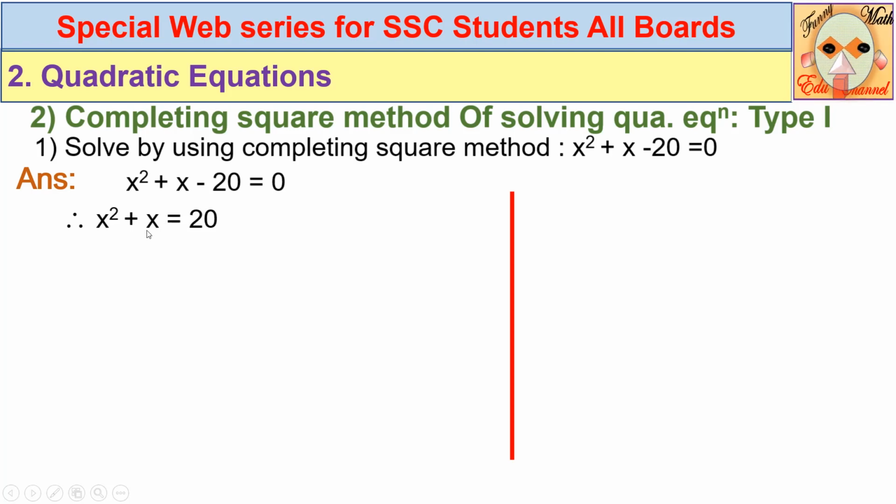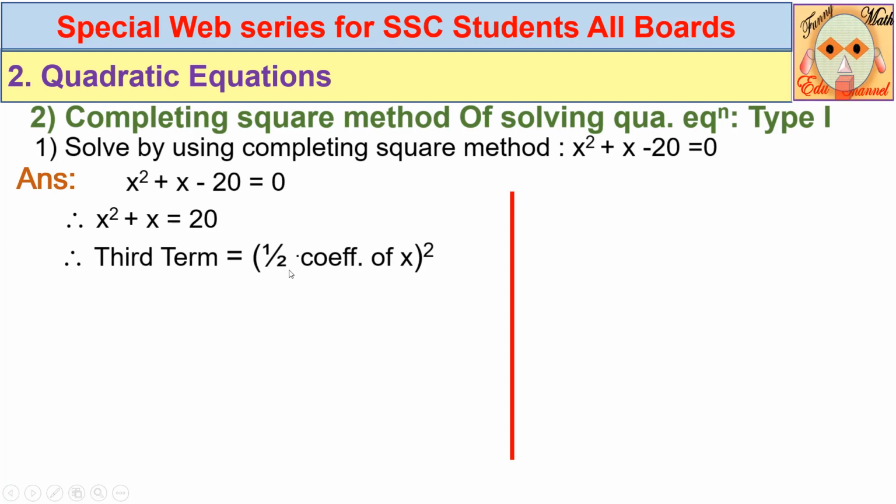Now we are going to find the third term on the left for making the square. The formula is 1 half into the coefficient of x, bracket square. 1 half is the formula to calculate the third term.